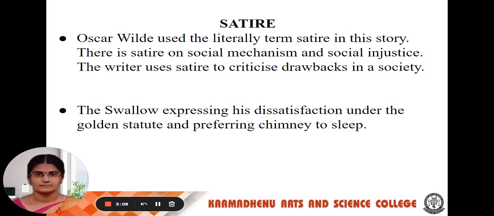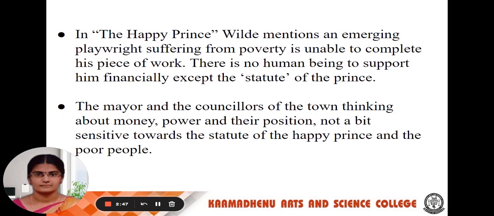Next is satire. Oscar Wilde used the literary device of satire in the story. Satire here is the social injustice done to poor people by rich people. So it shows the drawbacks in a society. The swallow expresses his dissatisfaction under the golden statue and prefers a chimney to sleep.